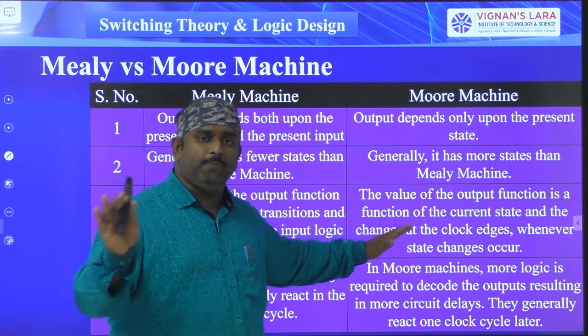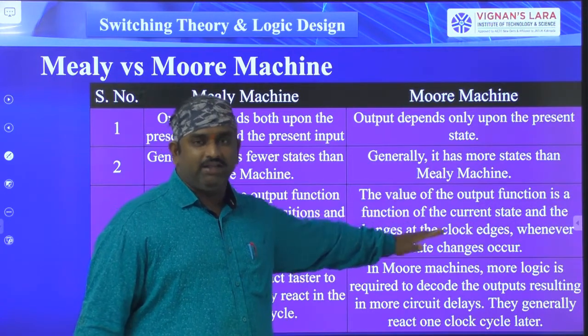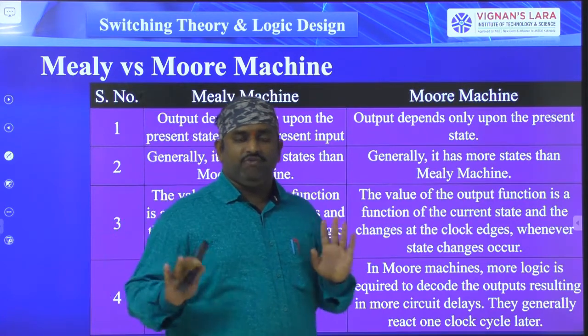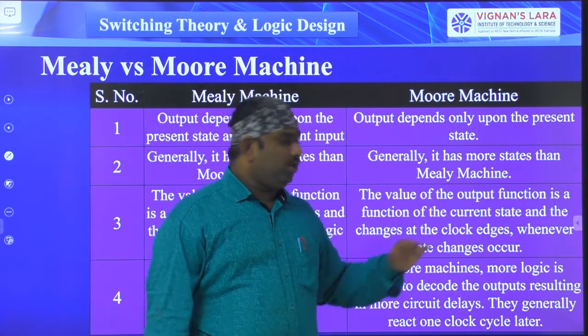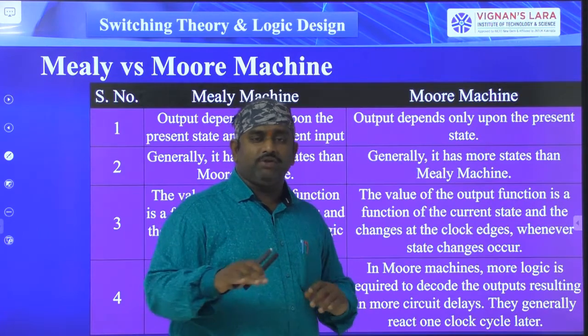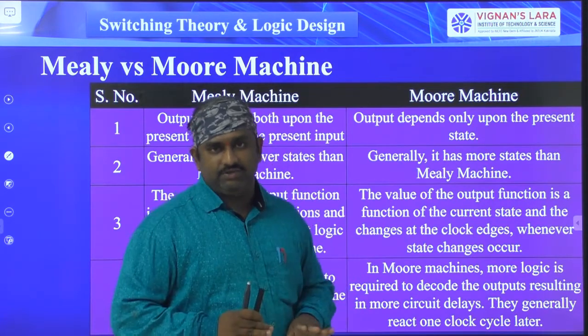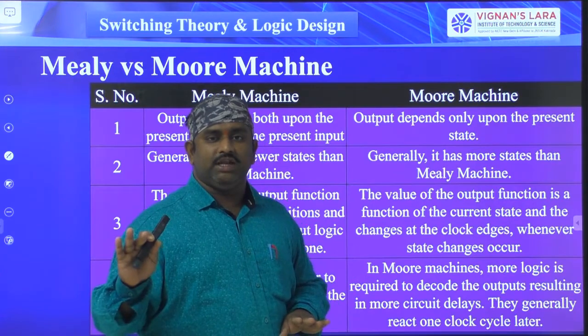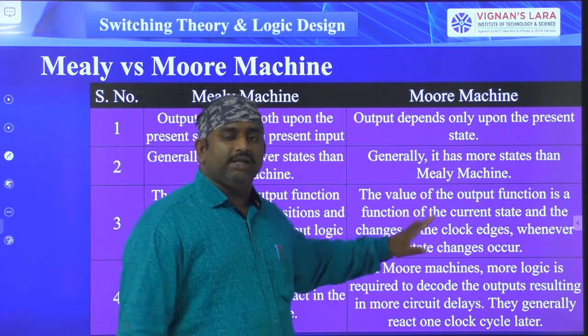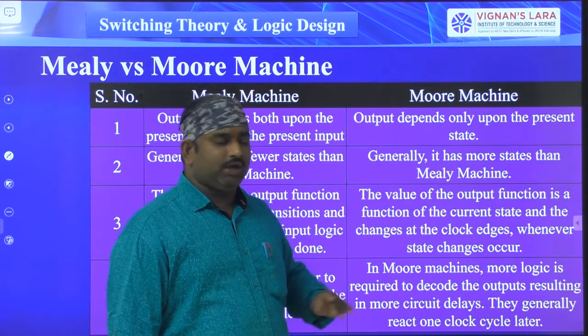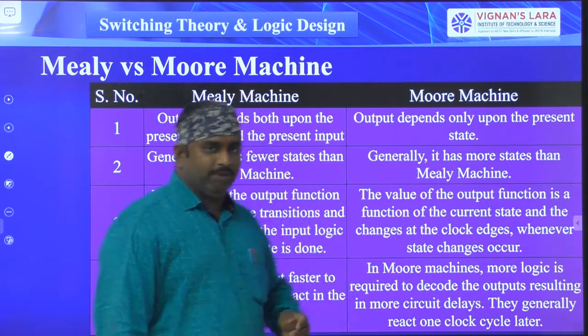There is no input involvement for getting the next state output function in the Moore machine. So listen carefully: the output of the Moore machine involves the present state of the system whenever the clock signal arrives. There is no input signal involvement in the next state output decoding part. So that is about the Moore machine.